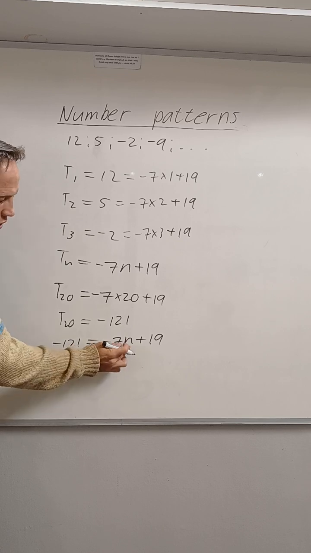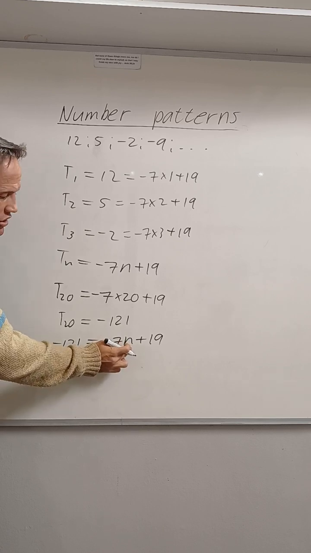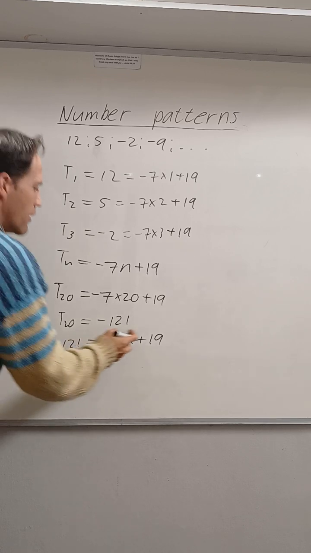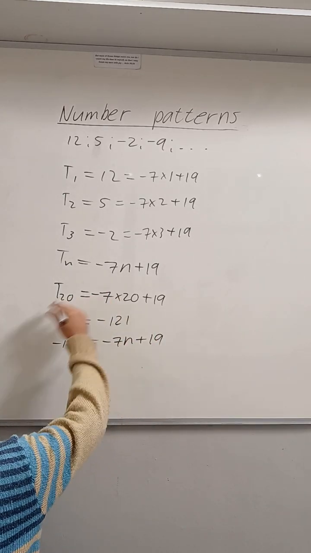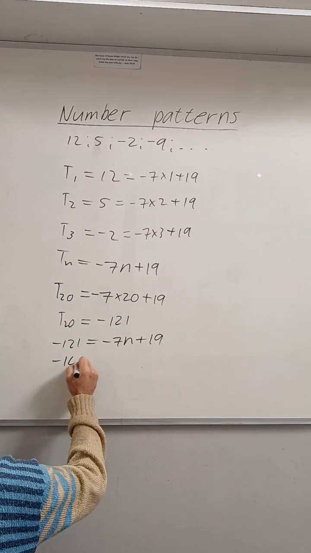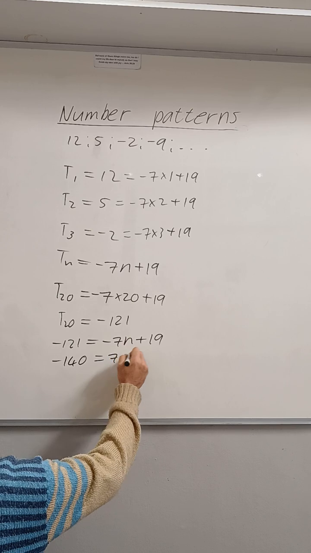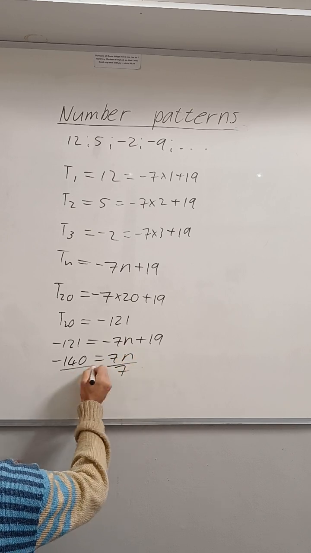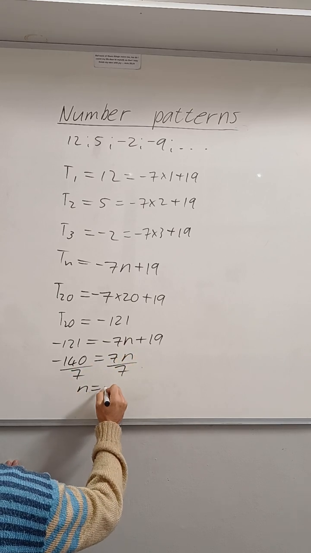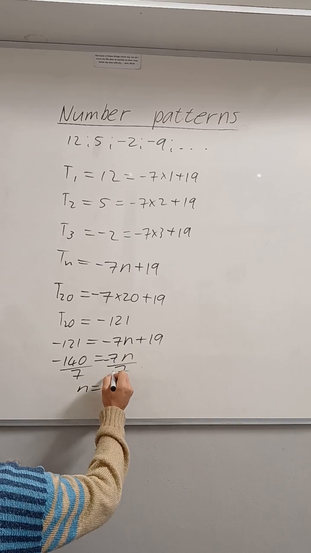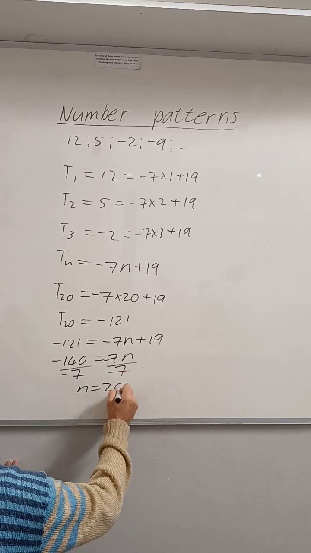That you can figure out which term, the number of the term, which term would be equal to negative 121. So if I take the 19 over, it's negative 19. So you get negative 140 is equal to negative 7n. And then if I divide by negative 7, I get n is equal to 20.